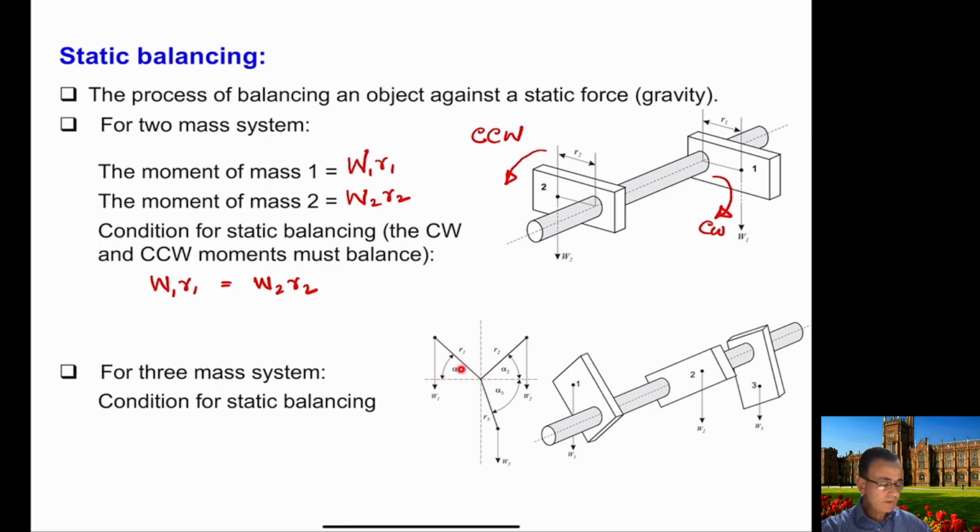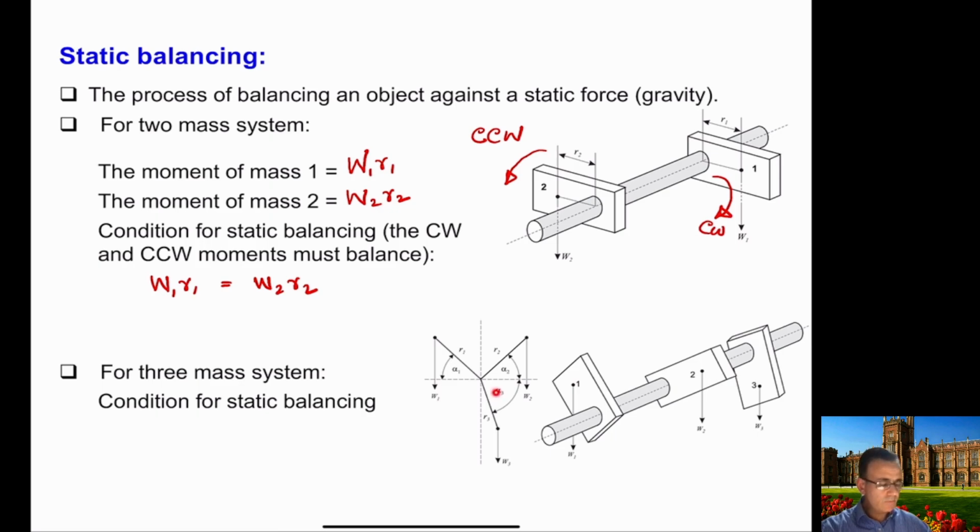So therefore, we also need the angles of these lines with the horizontal. Alpha 1 is the angle of R1 with the horizontal, alpha 2 is the angle of R2 with the horizontal, and similarly alpha 3 is the angle of R3 with the horizontal.